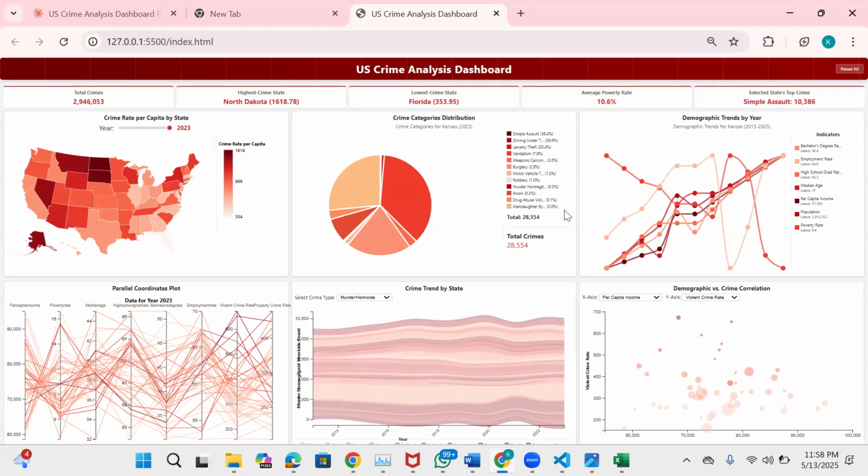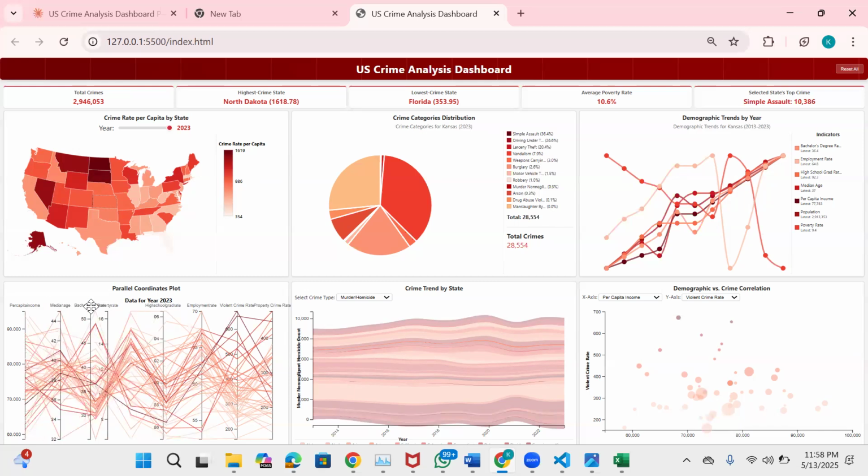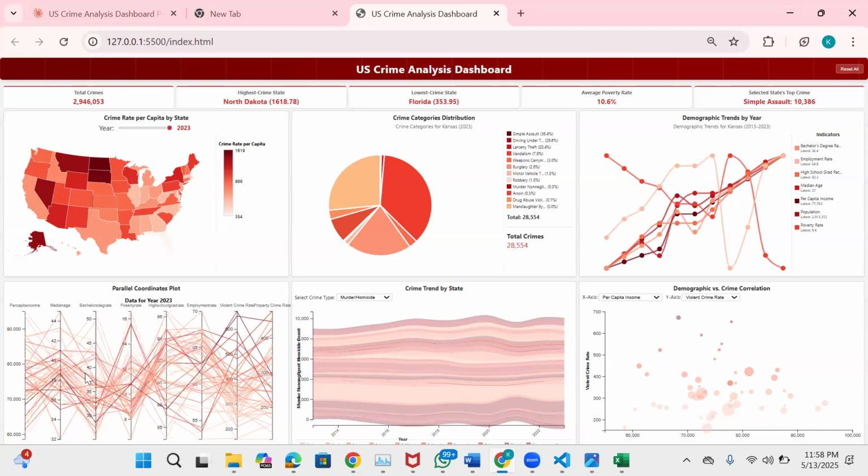On the bottom left, our parallel coordinates plot helps us examine relationships between multiple variables simultaneously. For this, we have taken variables such as per capita income, poverty rate, median age, education rates, employment rates, and crime rates. Each line represents a state with darker red indicating higher violent crime rate.